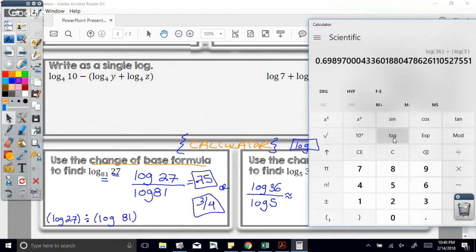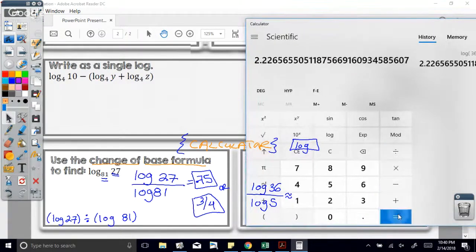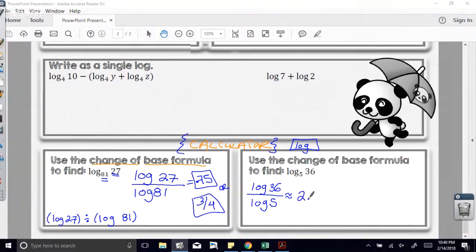Some of y'all, you'll do log first, then the 5, close parentheses, and you'll hit enter. And this time I get about 2.227. If we're rounding to 3 decimal places, so my answer is approximately 2.227. And read the directions on your Math Excel to tell you what to round to.